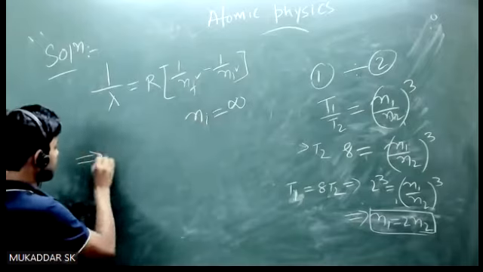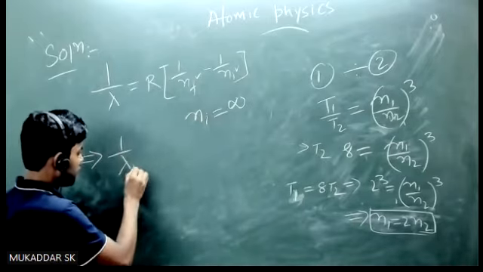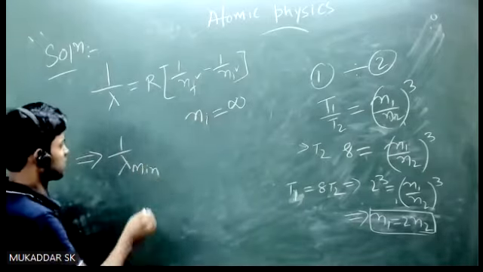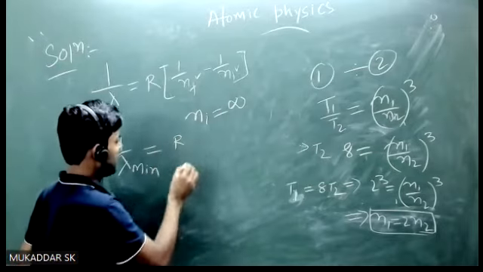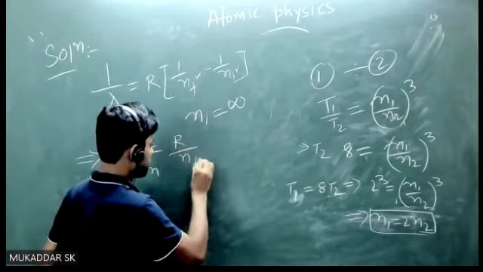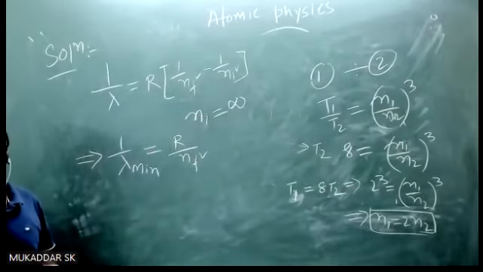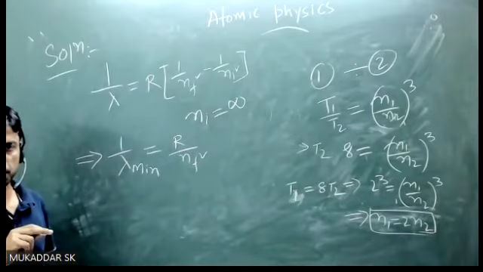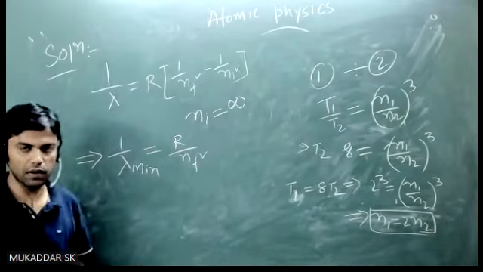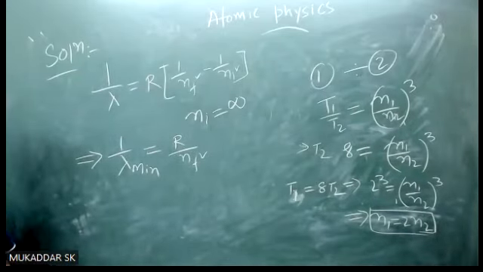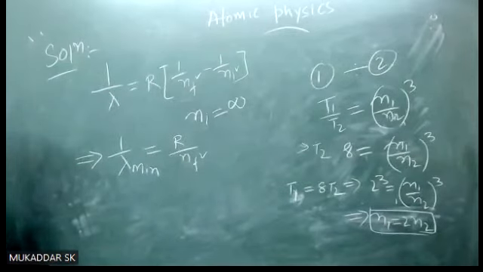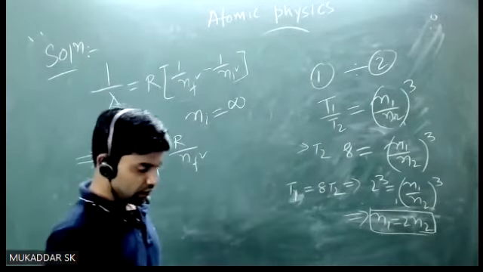So it means 1 by lambda min is nothing but R by nf square. And for Lyman series, you know nf. For Lyman series, nf is how much? For Lyman series, nf is 1, right?